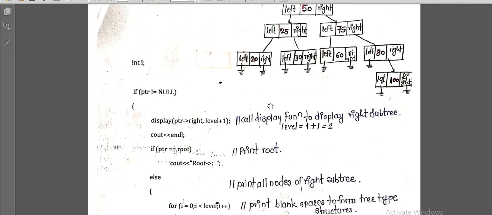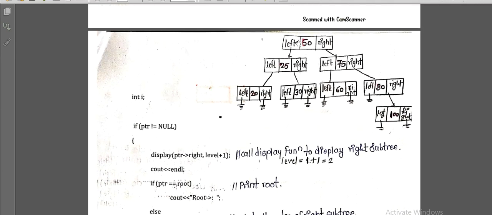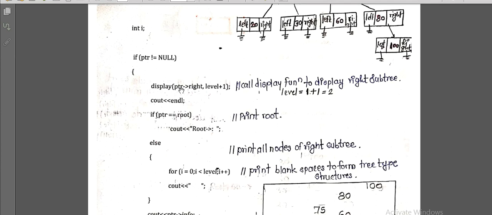So how are we going to execute that? Now if the pointer is not equal to null, meaning my root node is not a null node, we have something in that tree. So we have to display the pointer of right at level plus 1.